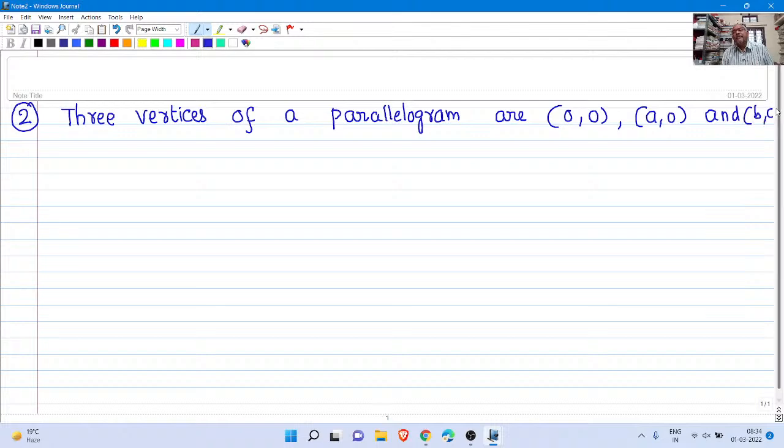The third vertex is b, c. Then we need to find the fourth vertex of the parallelogram.